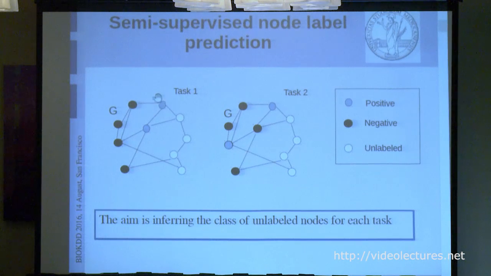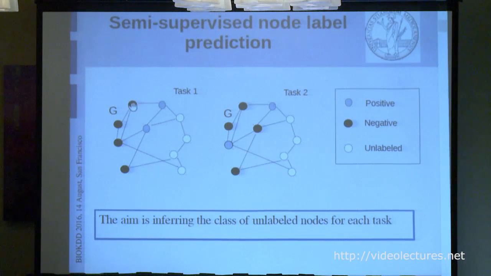But it can also be, for example, that each node is a drug in the drug repositioning problem, in which you have connections among drugs, and the task to be predicted is a drug category from DrugBank, for example.